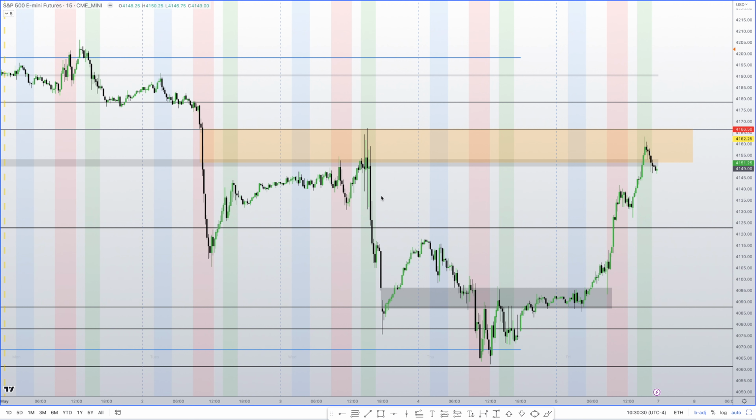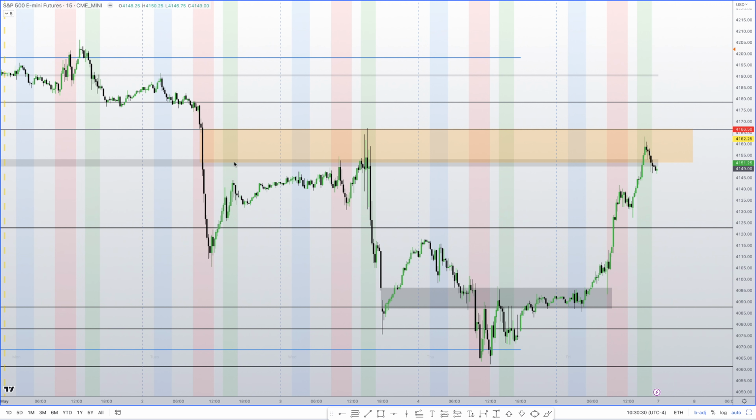Now, with that bias in mind, how high can it go up? Well, you have the daily BPR, the daily key level, but also you have this imbalance right here. Now, it is lined up with the hourly imbalance, which is why it's not at this low. But if you were just using the 15-minute chart and you entered here, it would have been perfectly fine, as you can see.